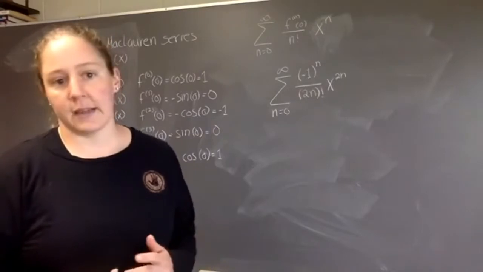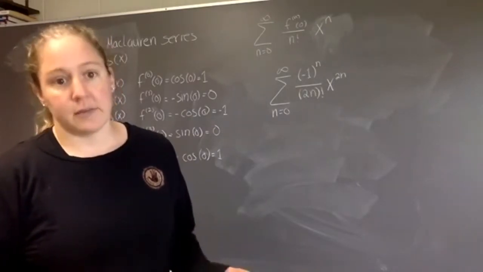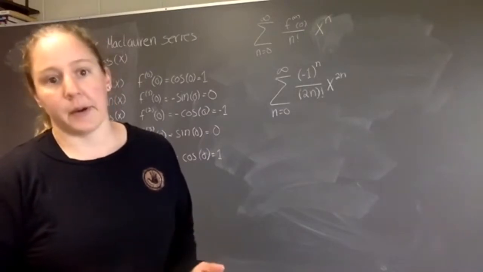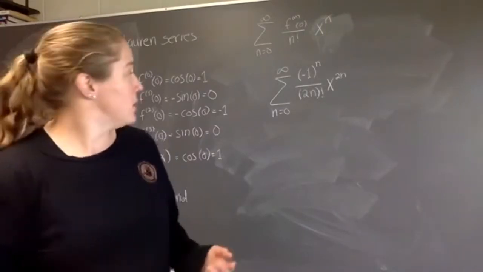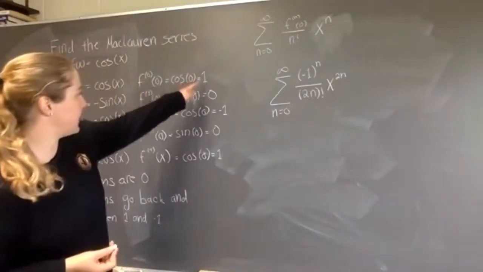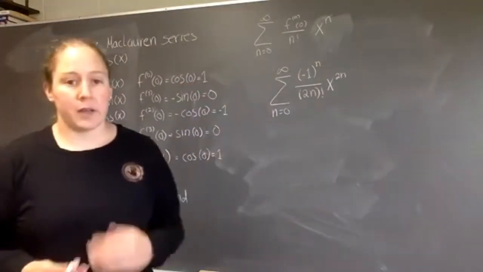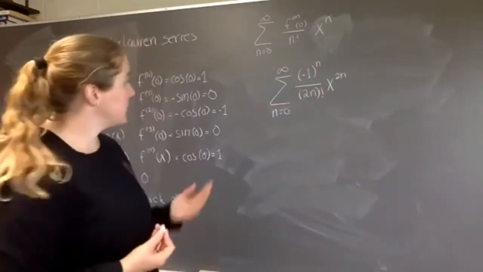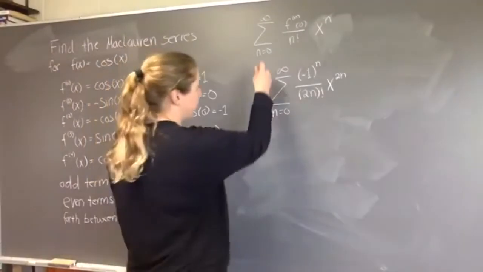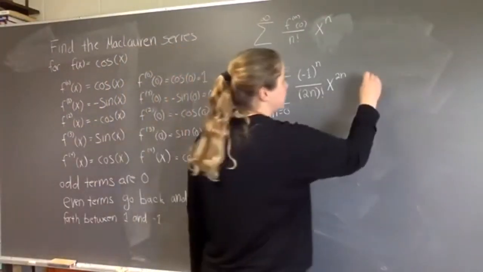So if you raise negative 1 to an even power, you get positive 1, and if you raise it to an odd power, you get negative 1. So by putting negative 1 to the n, we're capturing this idea that we go between 1 and negative 1 for every other even term. So this is how we end up with this for our Taylor series for cosine of x.